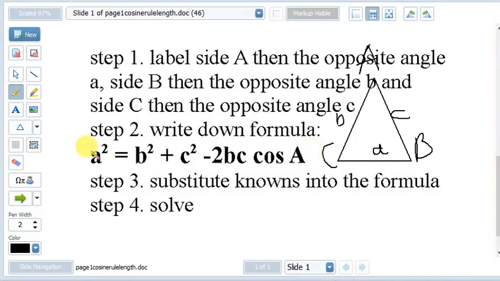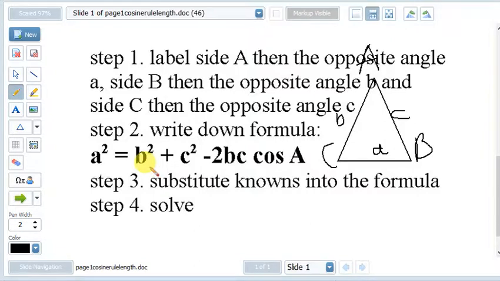So now we write down the formula, which is a squared equals b squared plus c squared minus 2bc cosine of A. And basically we use this formula and we can rearrange it as well.